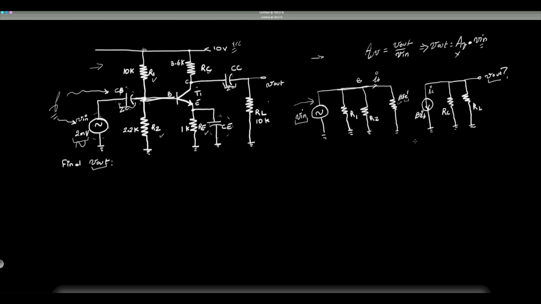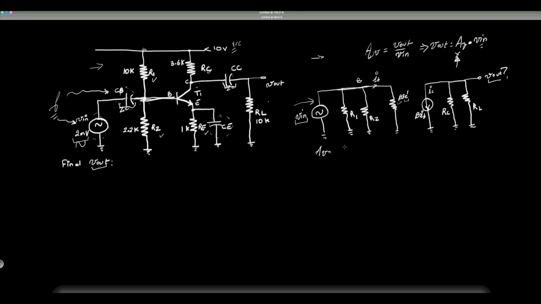Now, we do know this. We don't know this one. So that is what we're going to be looking for to solve for this problem. And to do that, we're going to have to do some sort of an analysis to figure that out. And the way to do it is you could look at this circuit here and try to figure out what is AV again.